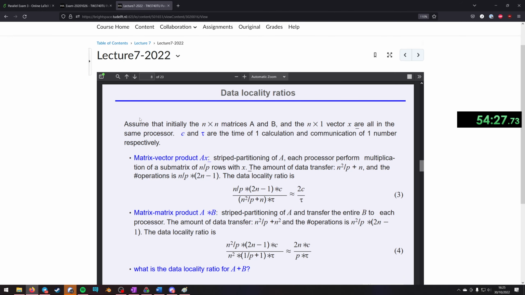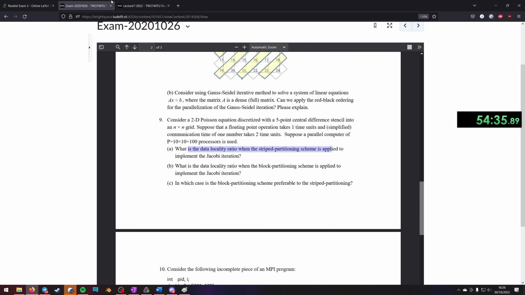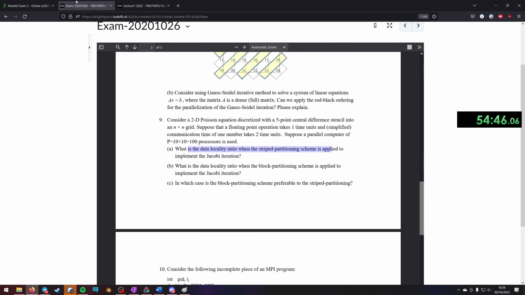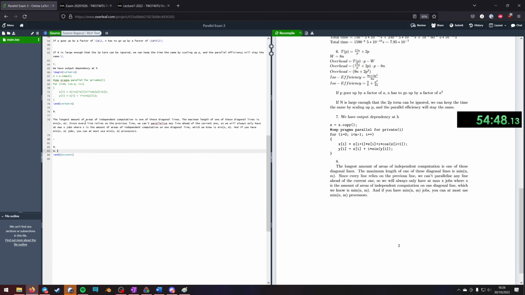Apparently it is 2c over tau. C and tau are the time of one calculation and communication. So tau is 1. It is literally 1. A, 1. B, they don't ask us to explain.